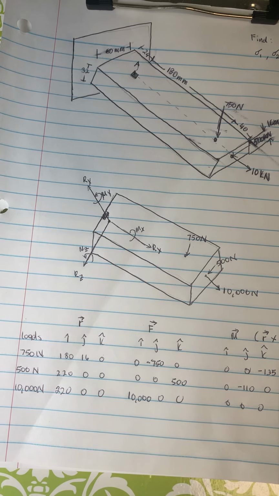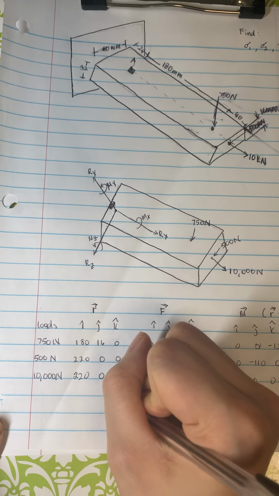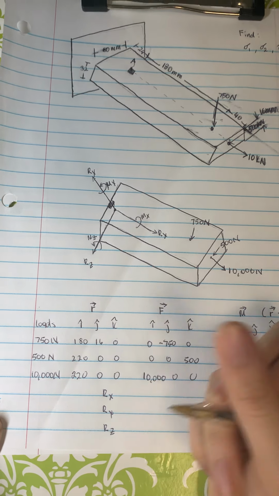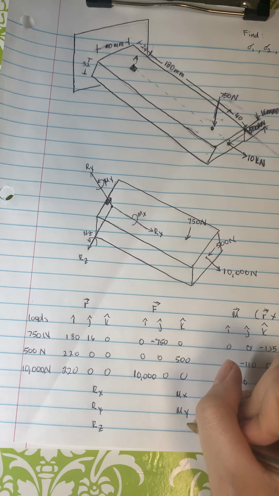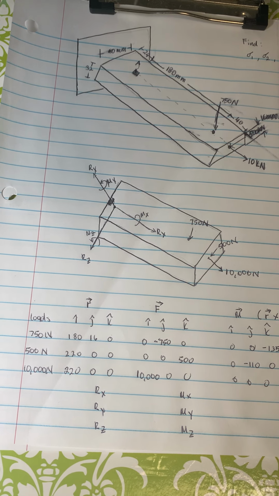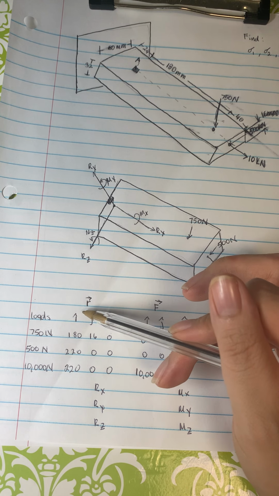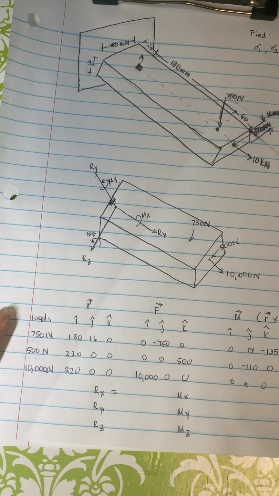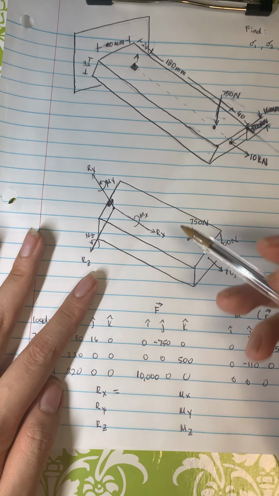So next, we're going to find the reaction in X, reaction in Y, and reaction in Z, and the moment in X, the moment in Y, and the moment in Z. To find this, you just need to use equilibrium. First, the reaction.